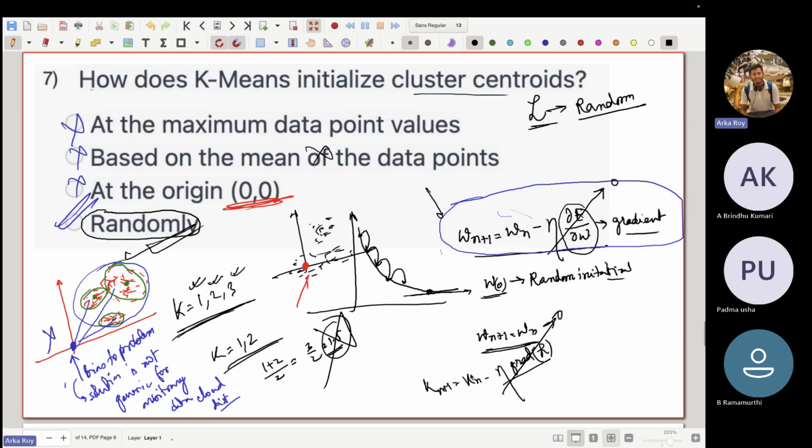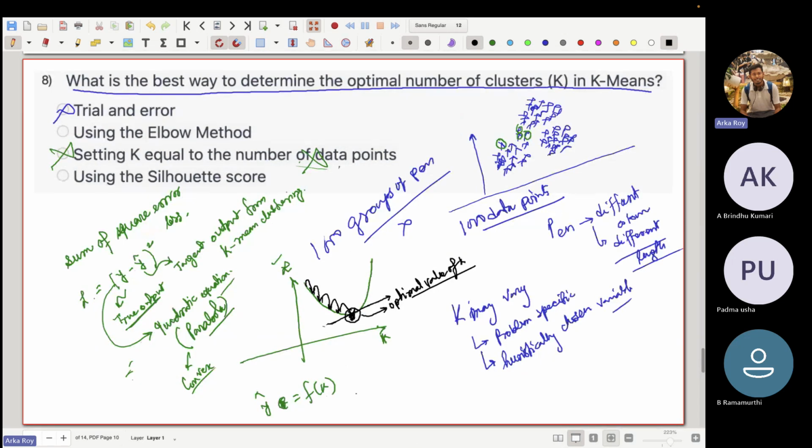So k(n+1) will be equal to k(n). That means this will give you the optimal value of k, the same as we have seen in the gradient descent based method. So the elbow method itself is the best way to solve the k-means clustering problem.